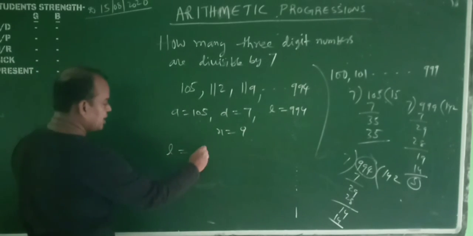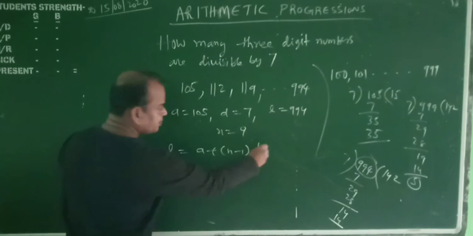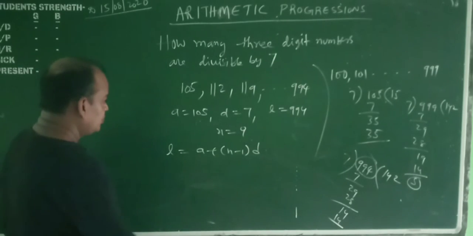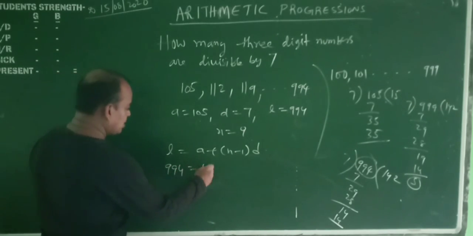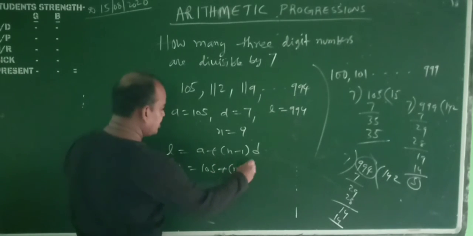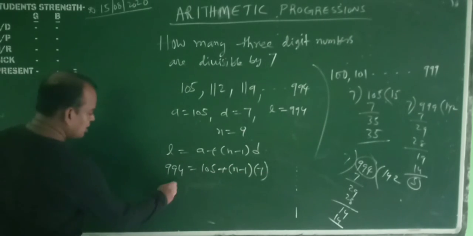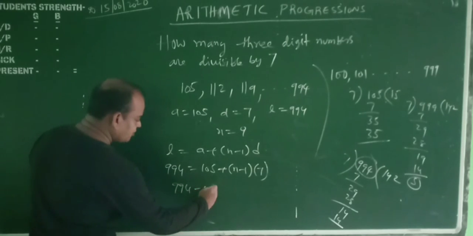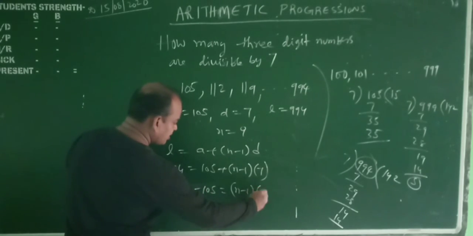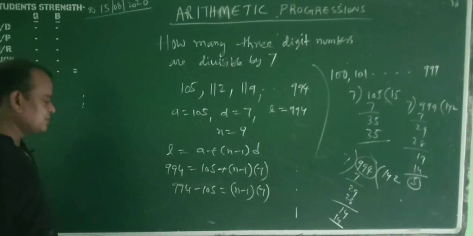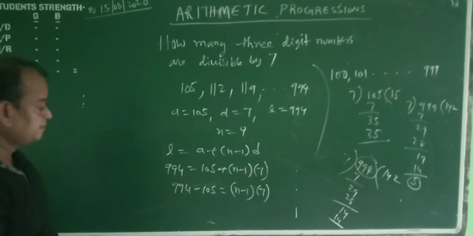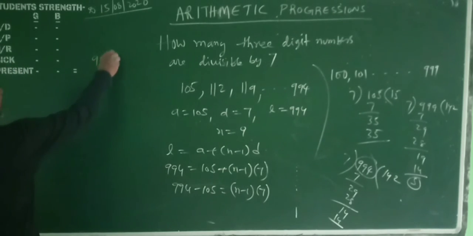L is equal to A plus N minus 1 into D. 994 is equal to 105 plus N minus 1 into 7. 994 minus 105 is equal to N minus 1 into 7. 994 minus 105 is 889.